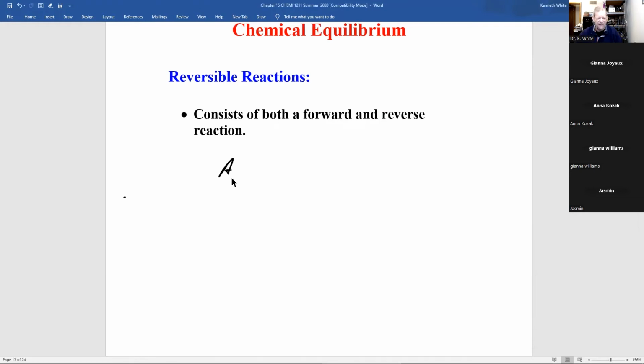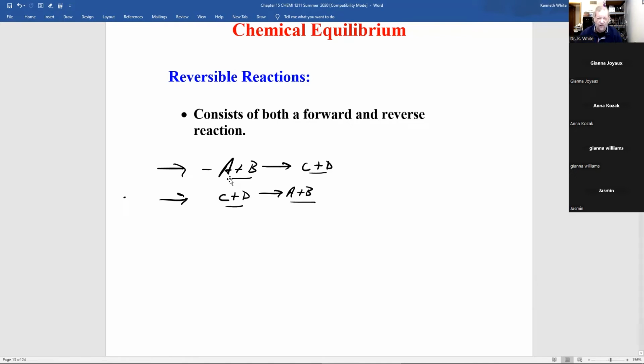Let's just say if I had A plus B reacting to make C plus D, that would be a reaction. Now, you could also have a reaction if I mix C and D together, it will make A and B. And notice both of these are opposite reactions of the other. In the first one, A and B makes C and D. And the second one, C and D make A and B.